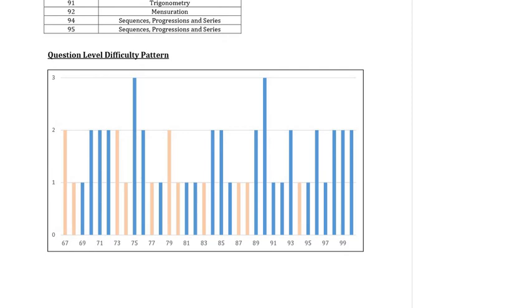So this shows the LOD for all questions from 67 to 100 as we've been doing all along. Here again, like always, the blue bars indicate the MCQs and the orange bars indicate the TITA or numerical entry questions. So this essentially shows where the tougher questions were clustered and where the simpler questions were clustered.